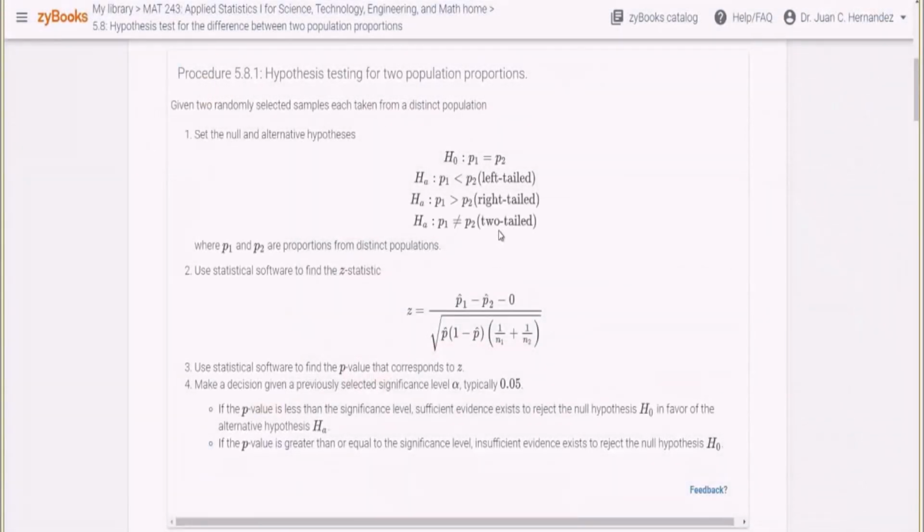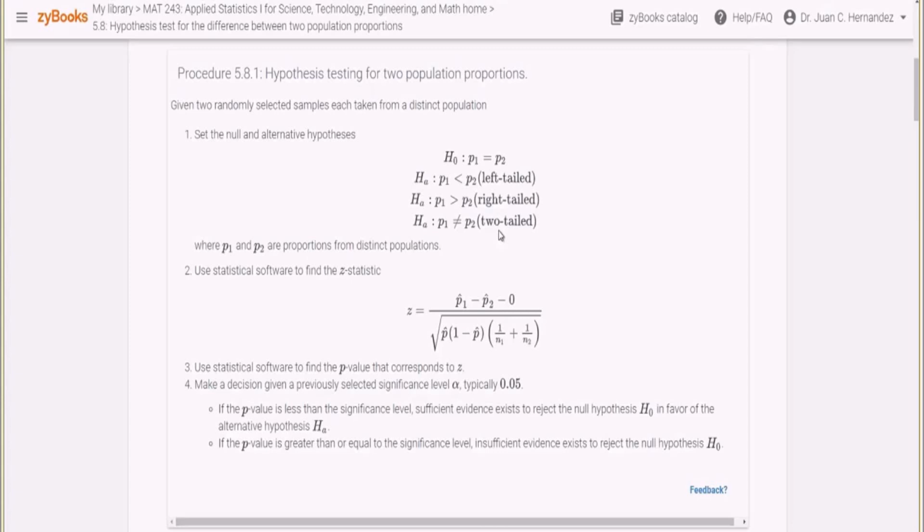Now we move on to section 5.8, which is about hypothesis test for the difference between two population proportions. So Professor Wan, we've already covered the hypothesis test for difference between two population means.